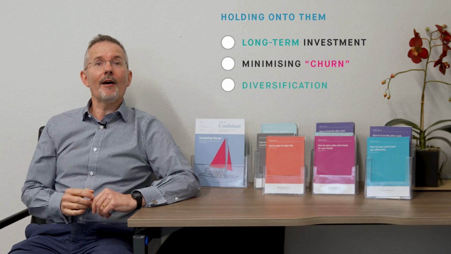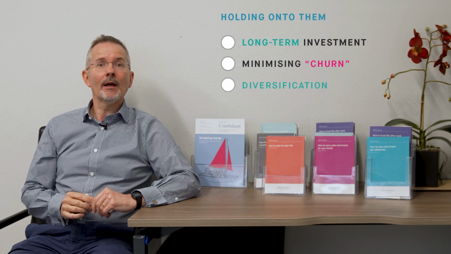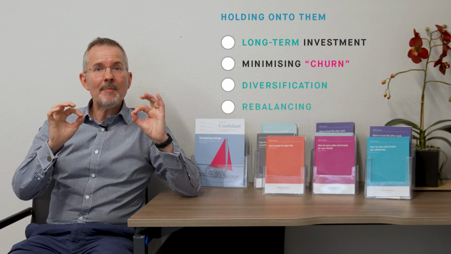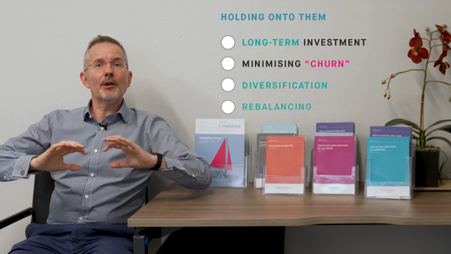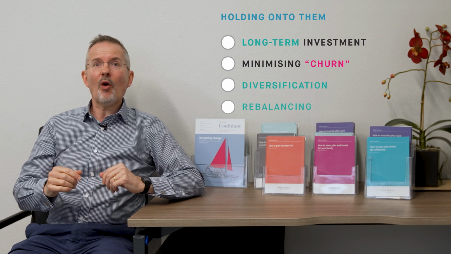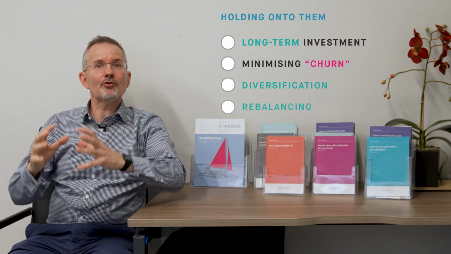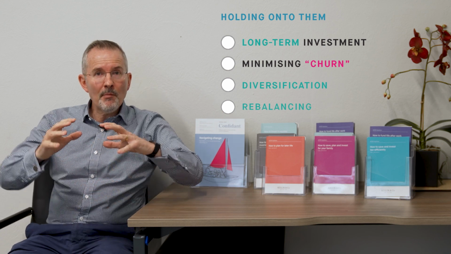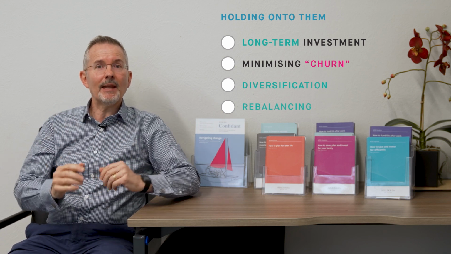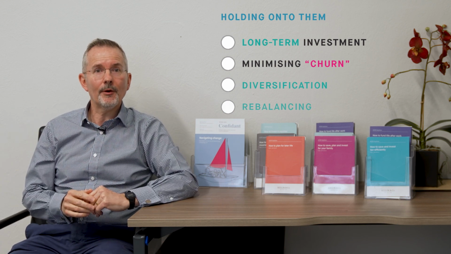Making sure you are diversified, that's a key plank of equity investing. And finally, rebalancing. So if a position grows and shrinks as a proportion of your portfolio, which it will do, we're not then looking to sort of start dumping stocks simply because the position has shrunk relative to others. We might be looking to rebalance to maintain a roughly even weighting, let's say, across a mixed portfolio.